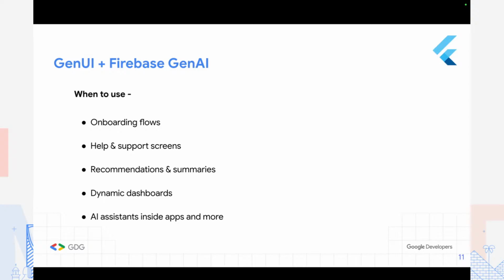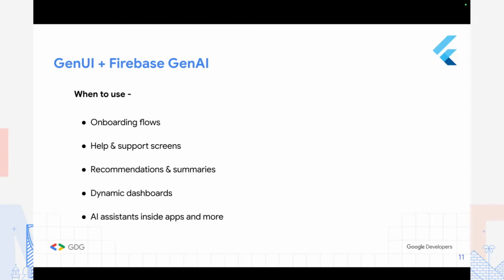Now we need to understand when we can use the combination of Gen AI and Gen UI, and when not to use it. So if you have something like onboarding flows where each step could be dynamic, like let's say I have my onboarding guide screens and initially I have kept it as two screens, but later on I plan to add two more screens.